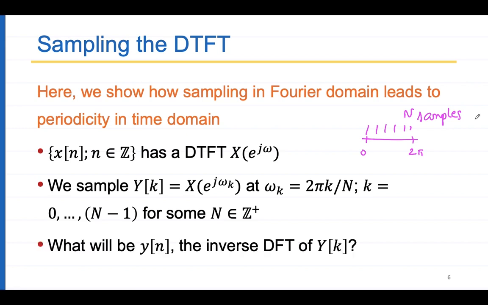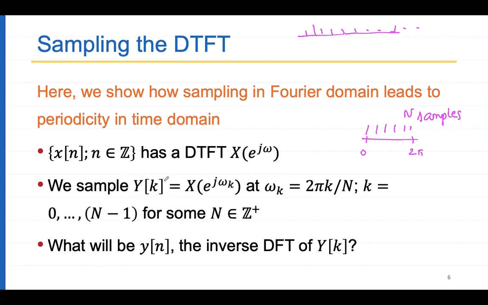Now, what will be y[n], the inverse DFT of y[k]? Remember, we start from some x[n], which was very long, potentially infinite, and I take the DTFT, I get X(e^jω), which contains all the information of this infinitely long sequence x[n]. Now I sample X(e^jω). By sampling it, I am giving away so much information, right?